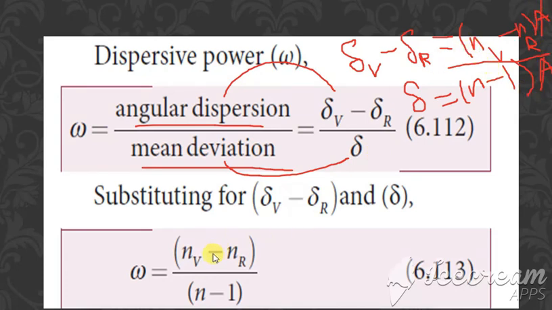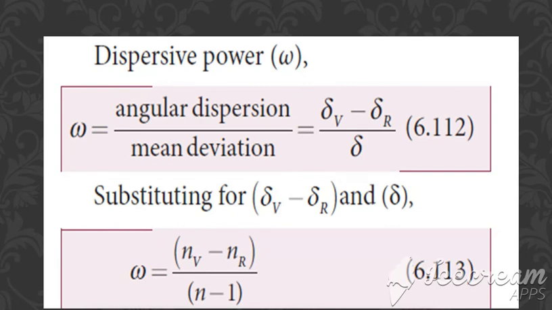We get NV minus NR divided by n minus 1, and this is equal to omega. So omega is equal to NV minus NR divided by n minus 1. This gives the value of dispersive power.